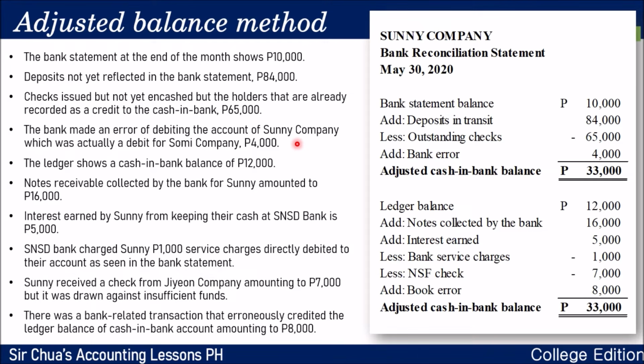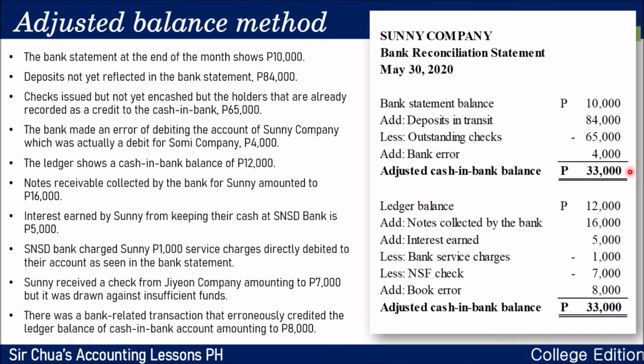Ang nangyari, na debit niya kay Sunny Company. So, erroneously, nabawasan si Sunny Company ng 4,000. So, ang gagawin po natin, idadagdag po natin yung bank error para maitama po yung ating bank statement balance. Perform the calculations and your adjusted cash and bank balance is 33,000.